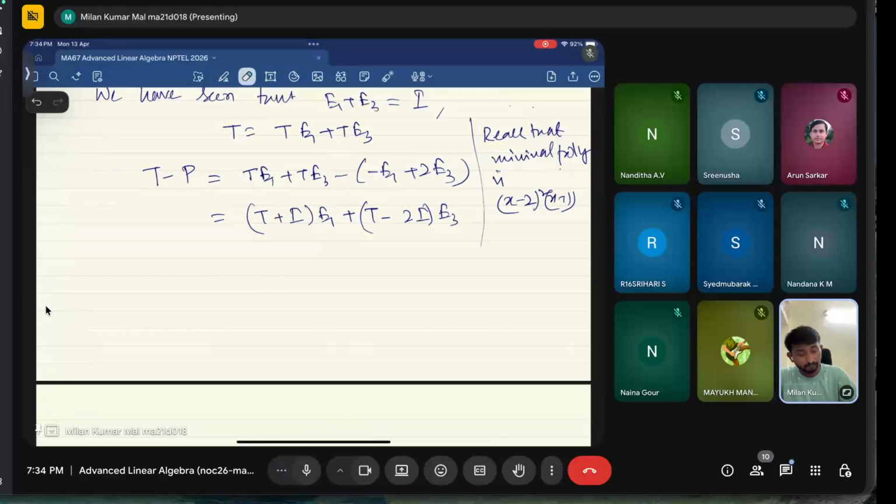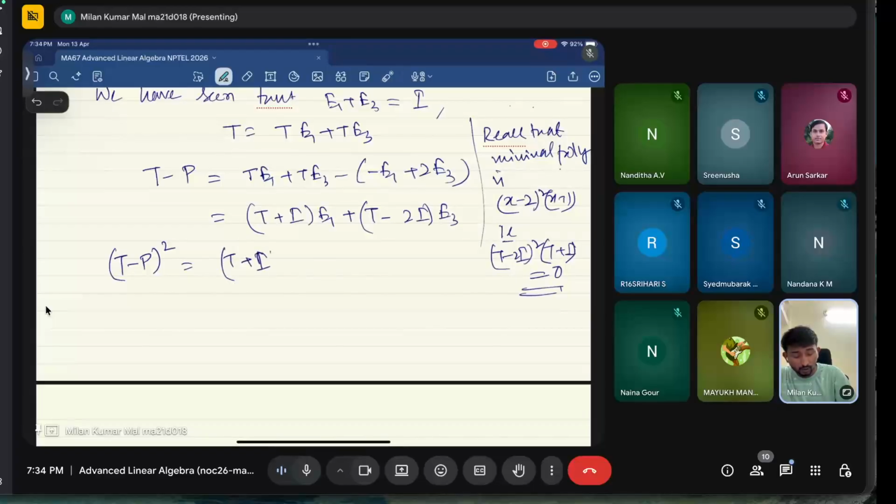So that means (T minus 2I) squared (T plus identity) has to be equal to 0. This is what the minimal polynomial represents. So therefore, if I consider (T minus P) squared, then what will I get? ((T plus identity) E1 plus (T minus 2I) E3), this whole squared, right? So what will I get?